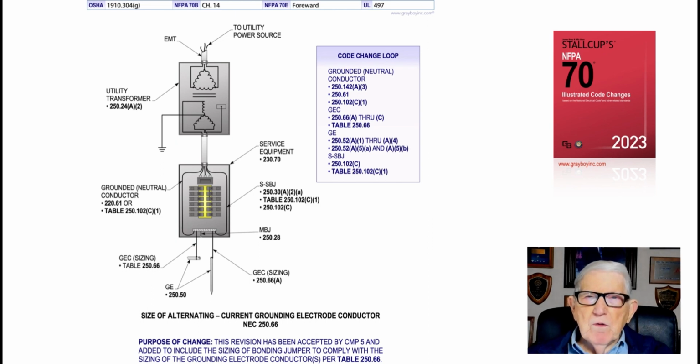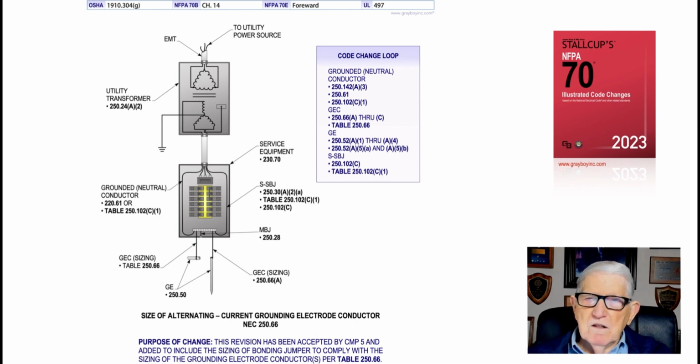But if we went over and reviewed Table 250.102(C)(1) on page 152, then this grounded conductor you see on the panel board and the system bonding jumper that you see on the panel board would also have to be number 2, as outlined in Table 250.102(C)(1).